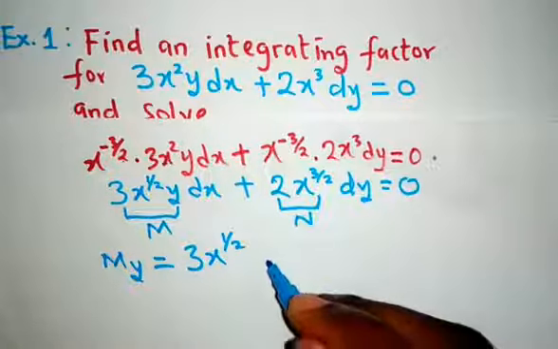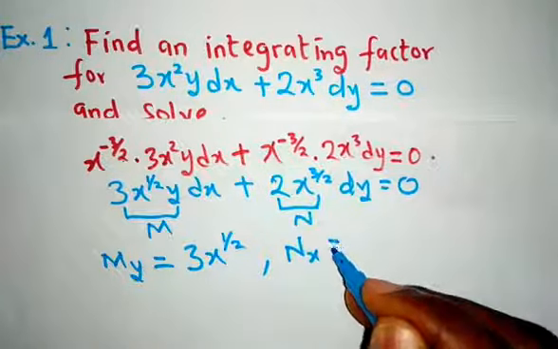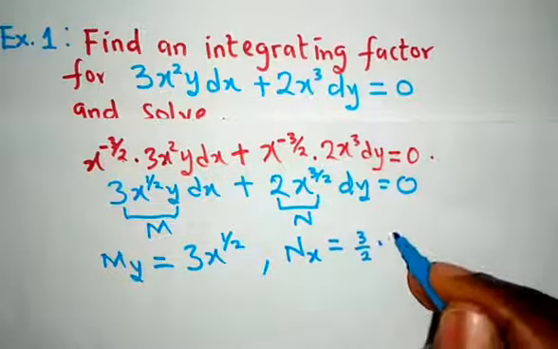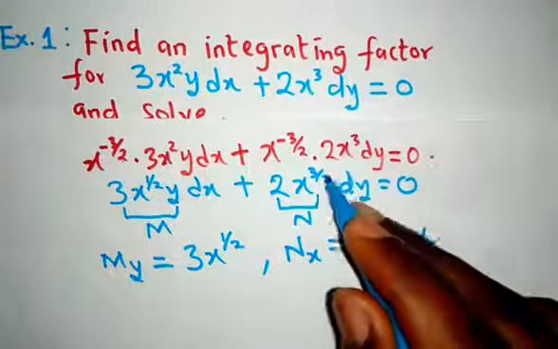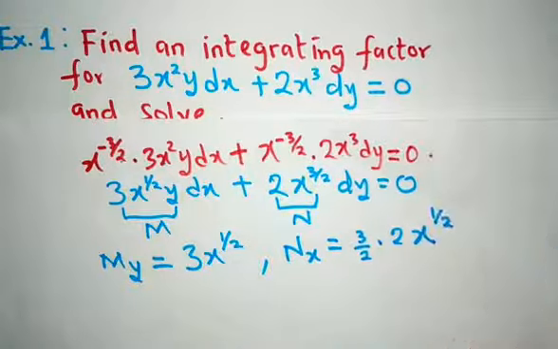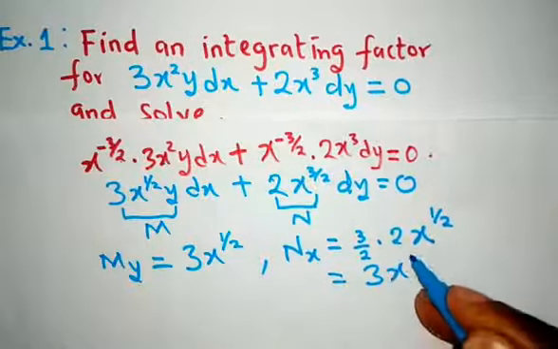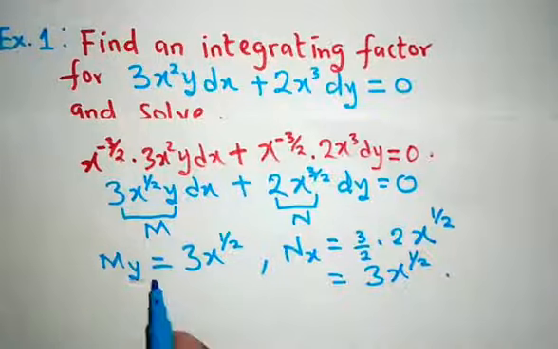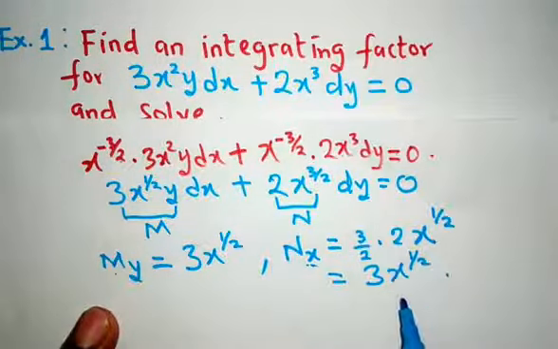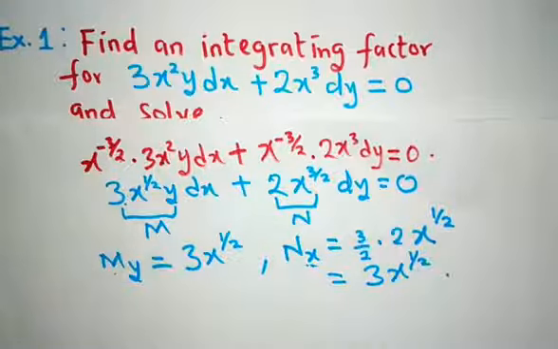And then if we differentiate the new N partially with respect to x, this gives 3 over 2 times 2x to the power of 3 over 2 minus 1, which is 1 over 2, and this gives 3x to the power of half. So M sub y equals N sub x, and so it shows that the new equation is exact.